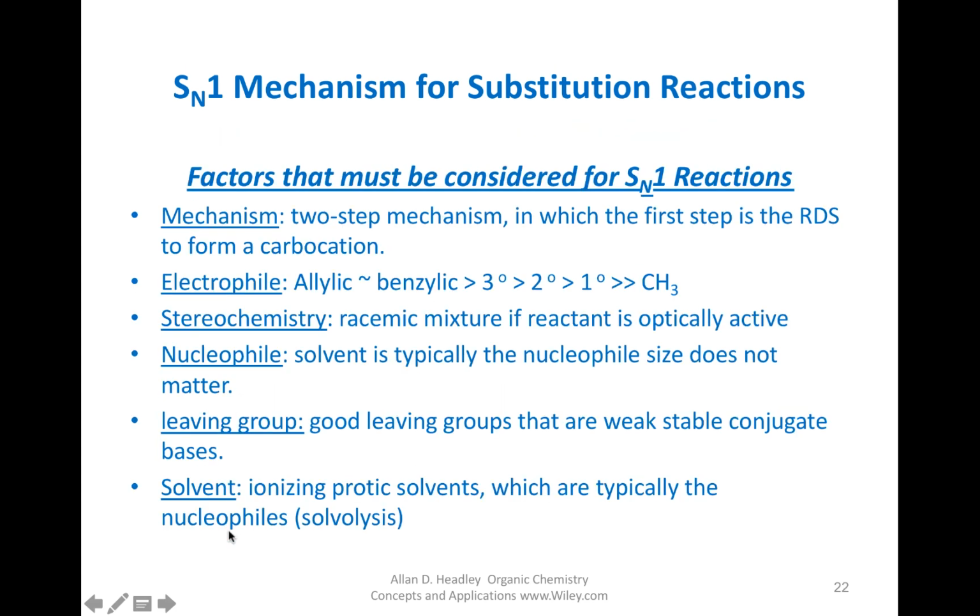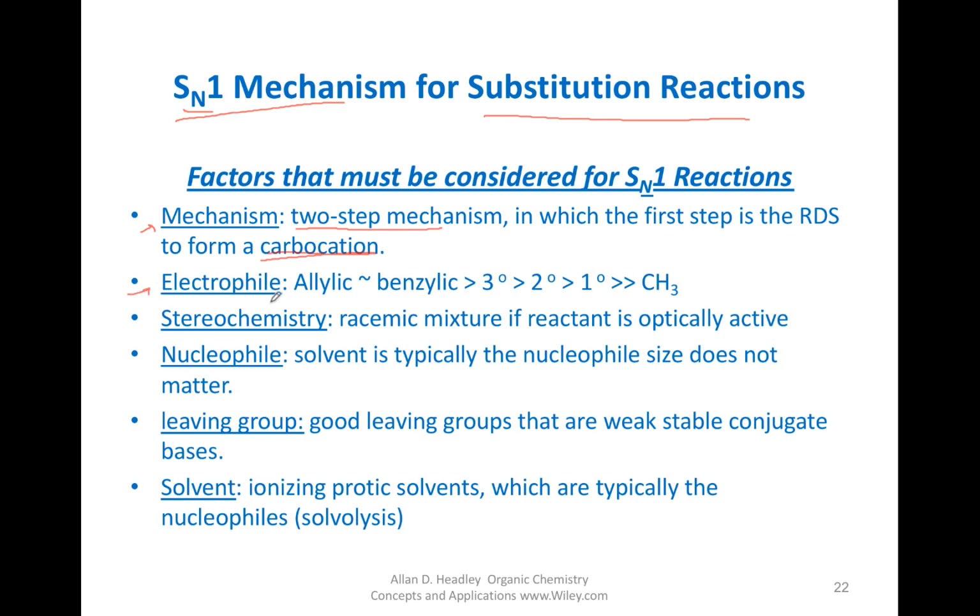Okay, conclusion. So, for the SN1 reaction, or the substitution reactions that go by SN1 mechanism, here are some important observations. The mechanism, it is a two-step mechanism in which a carbocation is generated. Key. That's different from the SN2, where a carbocation is not generated. The electrophile.